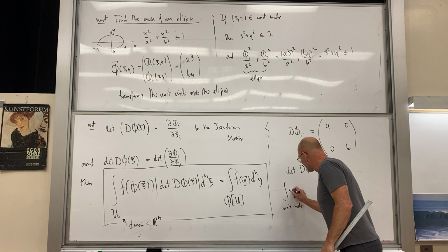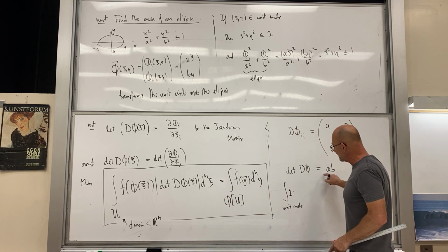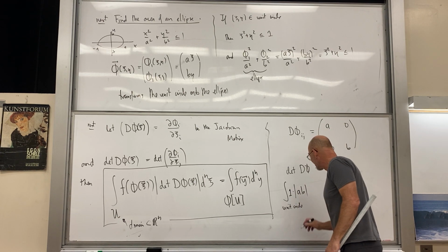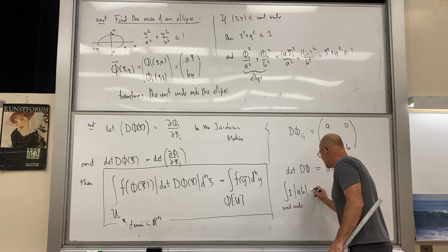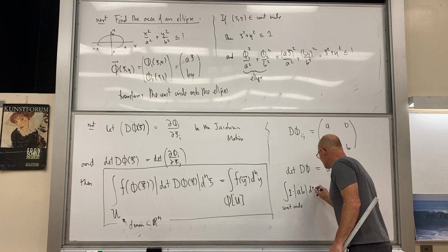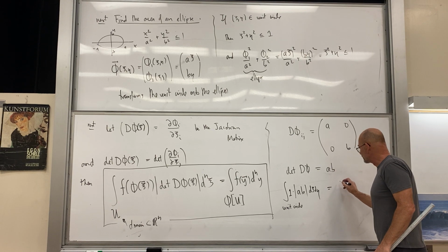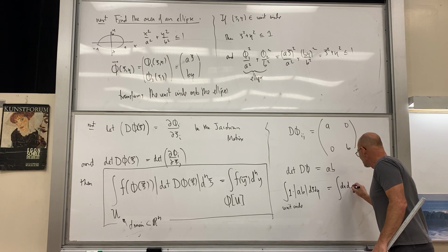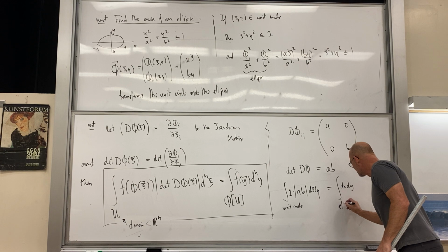So I'm just going to write, we've got a 1 for that, and we've got ab. I can put it into absolute values just to make sure we see that. Then we have ab d xi d eta is equal to, I can write dx dy for the ellipse. So the unit circle here, ellipse here.